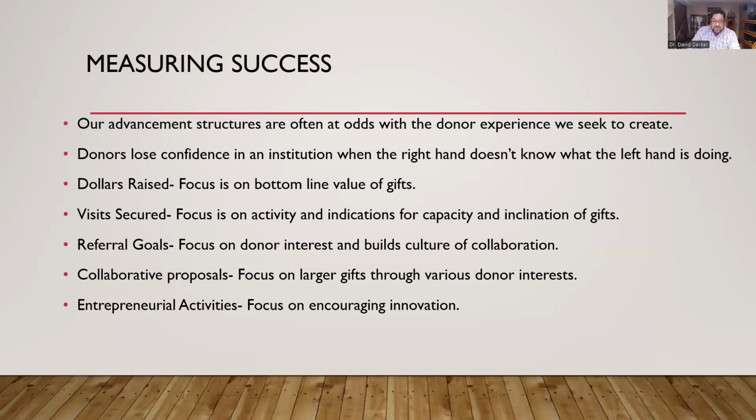Entrepreneurial activities: making sure that you give credit, or get credit, for activities that are innovative. It may be as simple as, instead of raising money for a one-on-one ask, I challenge people to give online for this very specific cause, and I was able to match it with a gift from a company, or from another donor.